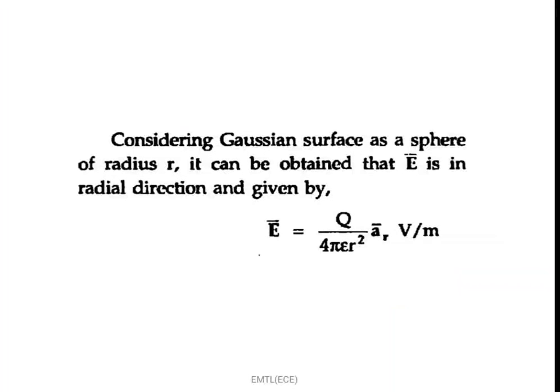The expression is E equals Q by 4 pi epsilon r square a_r bar volt per meter. Here a_r indicates the unit vector, that is, the electric field intensity is along that unit vector, which is the direction of E bar. So we know the value of electric field intensity, which is derived from Gauss law.